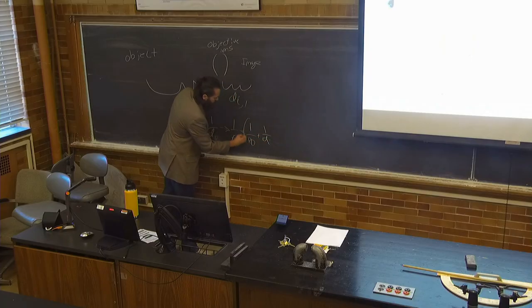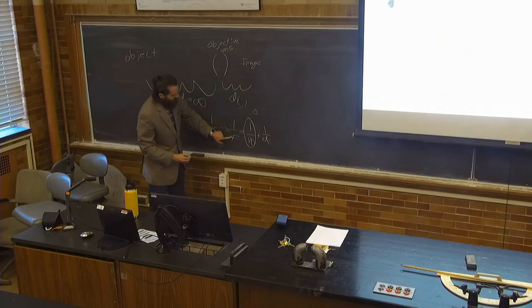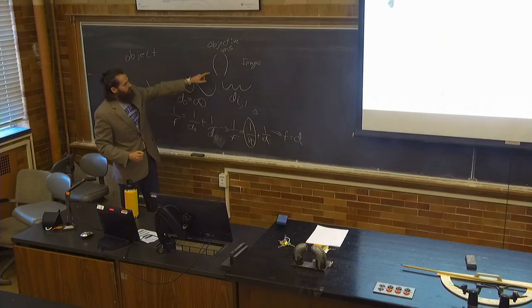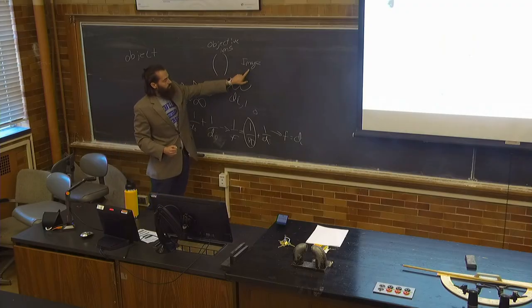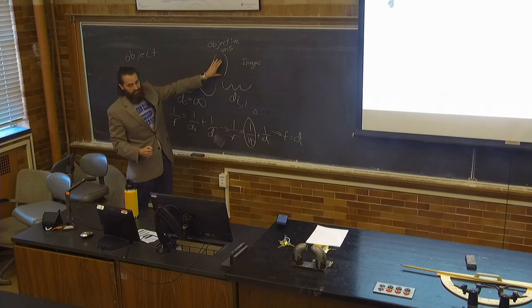So this term goes to 0, and you're left with 1 over focal length equals 1 over image distance, and so that just means the focal length is equal to the image distance. So where this image is going to be produced is just dependent on the focal length of your objective lens.